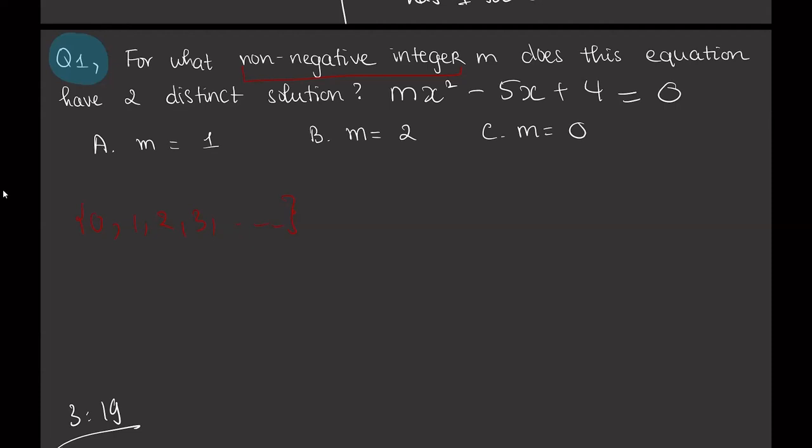So the majority chose A, which is a good sign. Can someone tell me how you did it? You can type in the chat or you can speak.